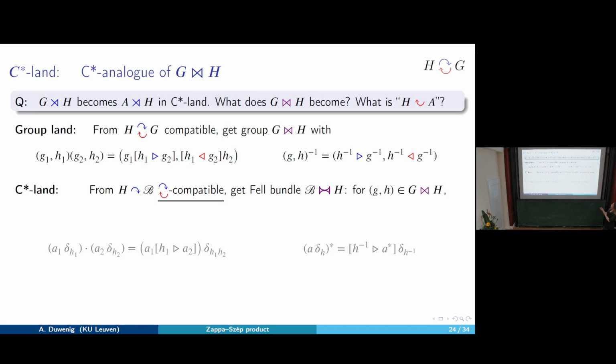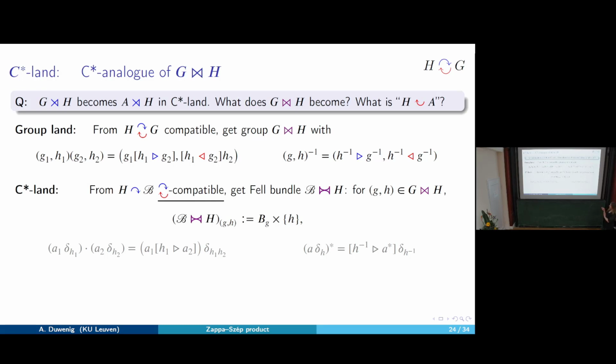And I want to construct a new Fell bundle, which I give this nice little symbol so that you can distinguish it a little bit. And I want that over the pair G comma H within my Zappa-Szép product of groupoids, the fiber really is just the original fiber over G. So fiber-wise, I don't really change my bundle. The main thing that I have done is I have created a lot more of the fibers.